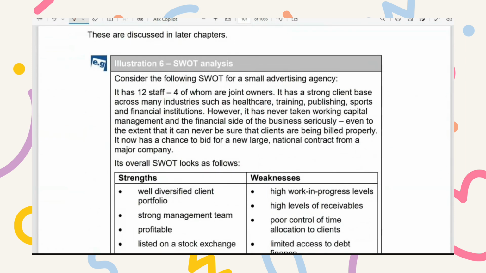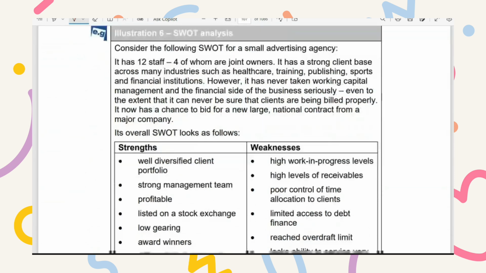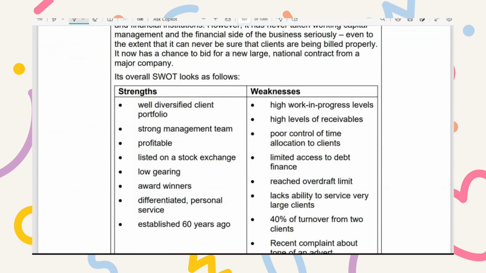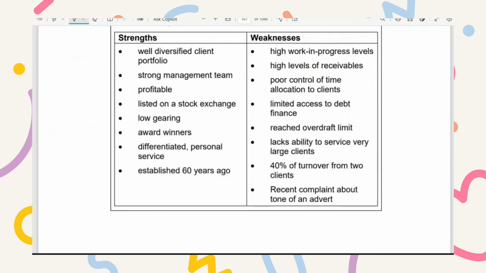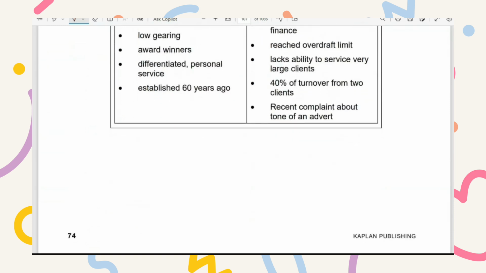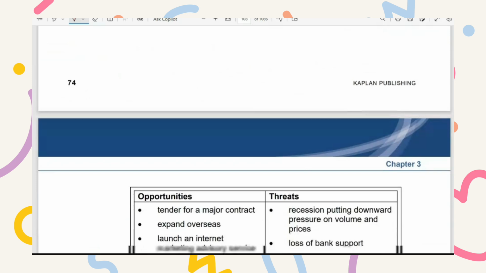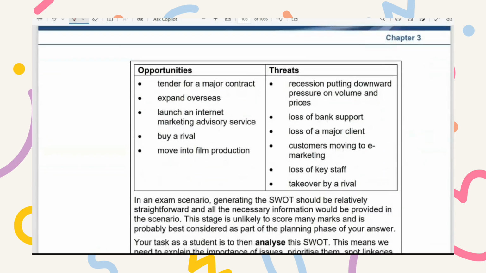They have also highlighted the professional skills: you gain your professional skills marks only when you illustrate analysis skills in considering the advertising agency's strategic position. So then your professional marks will be there for showing professional skills.